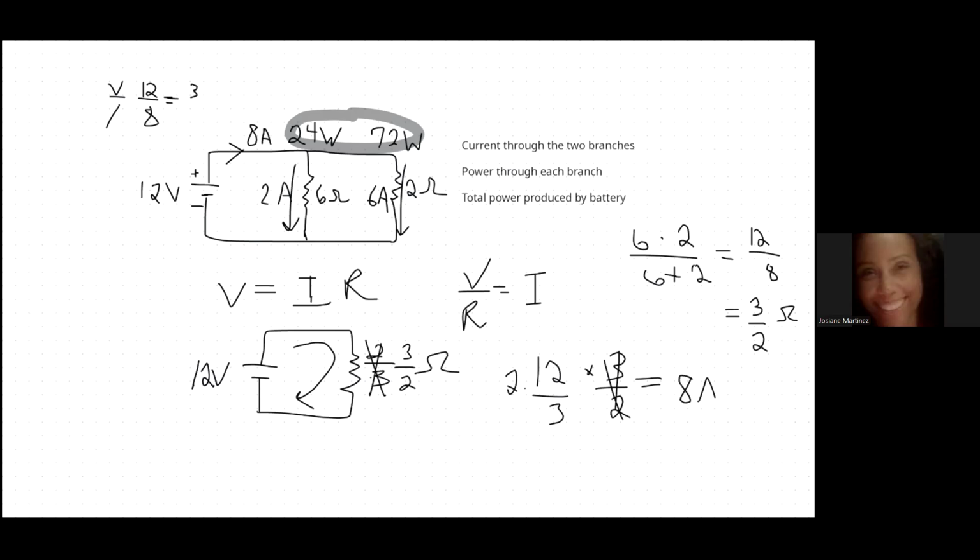So let's look at our units and make sure we are clear on our units, right? We've got volts, we've got ohms here, and we end up with amps. Now all of the math is the same for Joule's law. If I multiply 8 times 12, I get the 96 watts. So there you have it. Power in a parallel system.